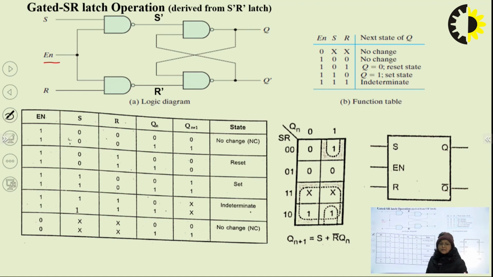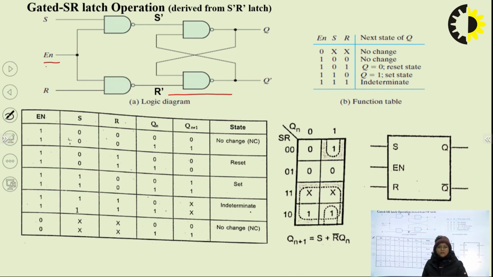So for the gated SR latch operation, we use one NAND based 1-bit memory cell and two external NAND gates to provide the input to this cell. S bar is connected to external S and R bar is connected to R, and these two gates share one control signal, that is enable.